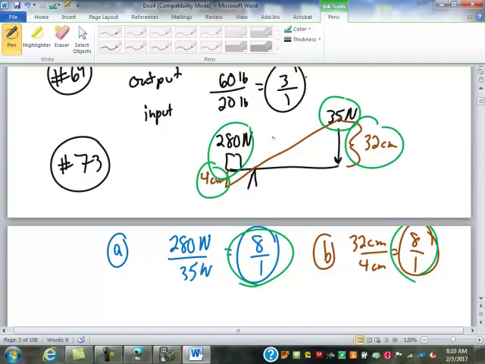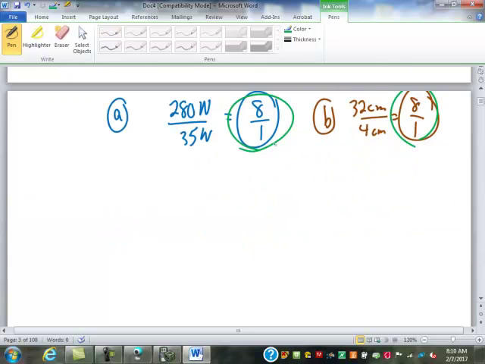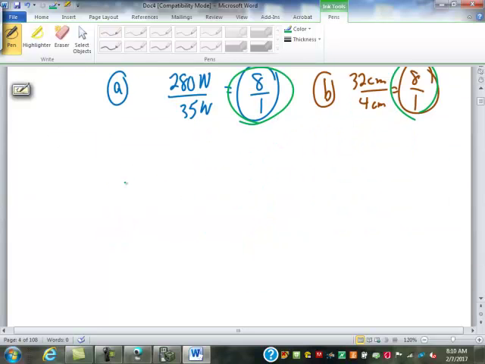Same with a pulley system. Let's say you've got a pulley system with a mechanical advantage of 3. So that means you're going to have at least 3 pulleys. These pulleys are going to have to be hooked.